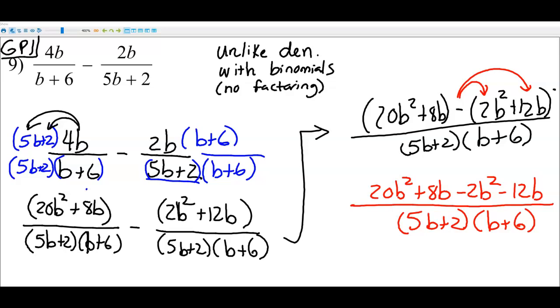So like, tell me what two things that we could put together here. 20b squared and -2b squared. Good. So what I'll say is simplify is right, but a more specific one would be like combining like terms, right? So 20b squared take away 2b squared would be 18b squared. And then 8b take away 12b would be -4b.